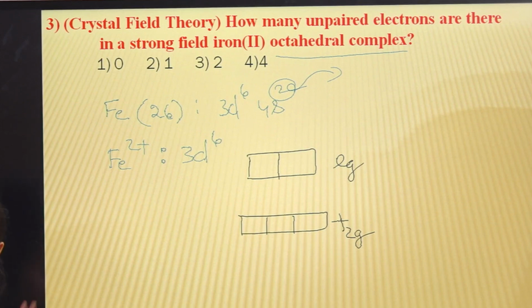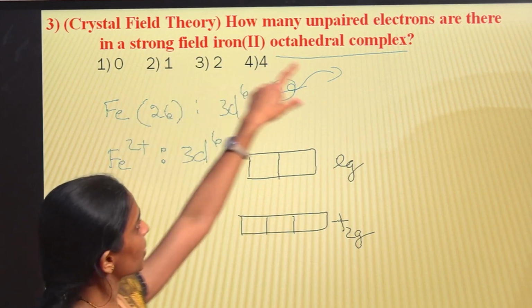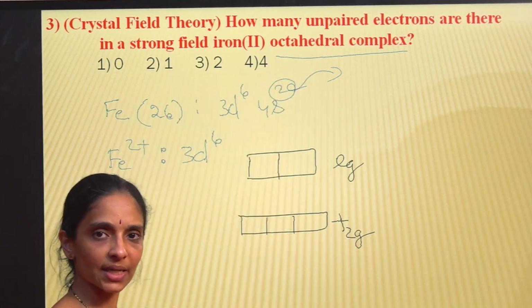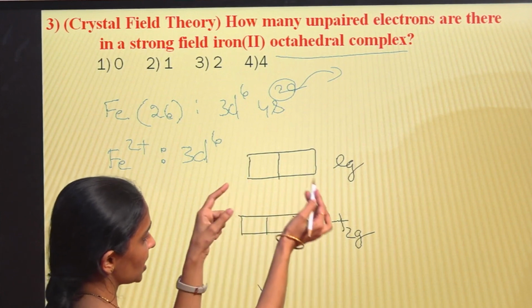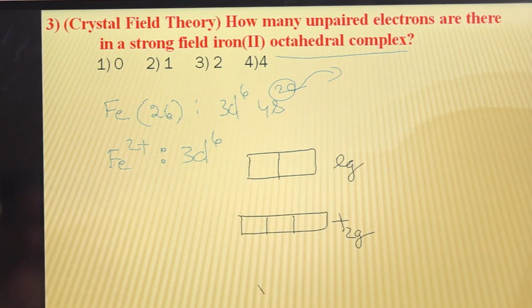Of course, in the case of tetrahedral complexes, the reverse happens. Because here we have octahedral complexes, this is the pattern. Lower energy t2g and higher energy eg.